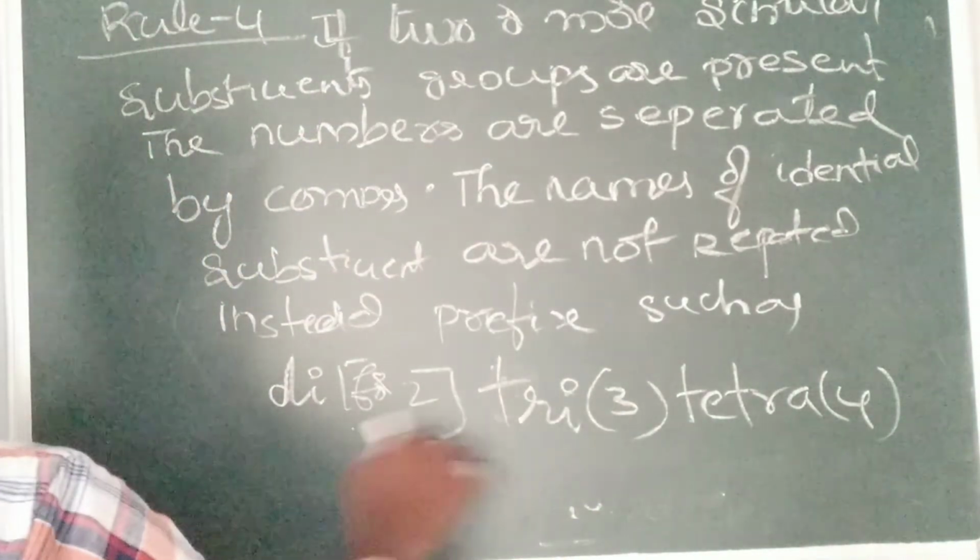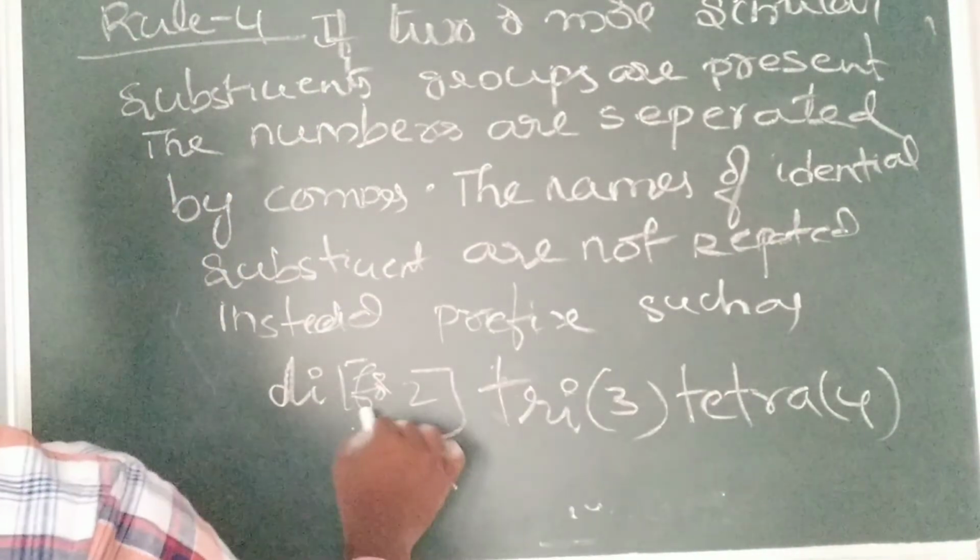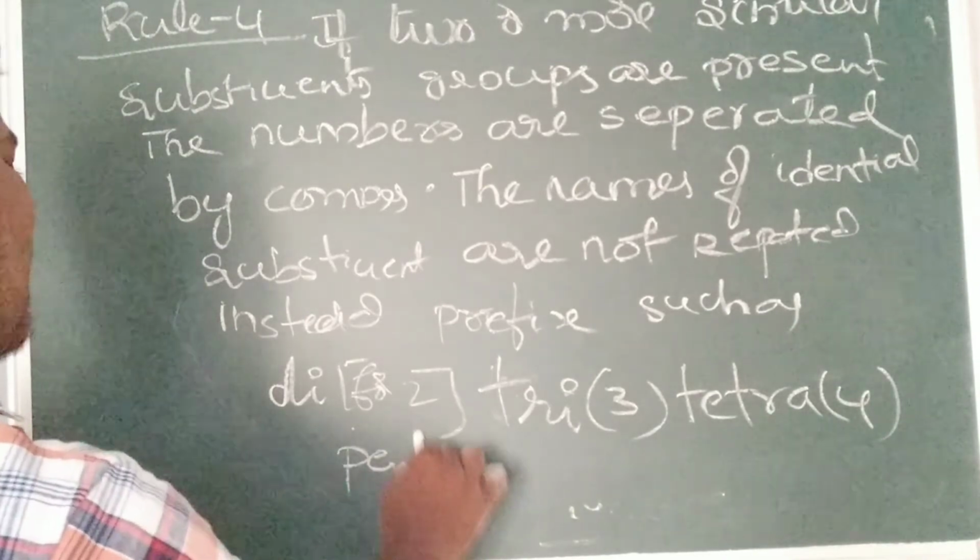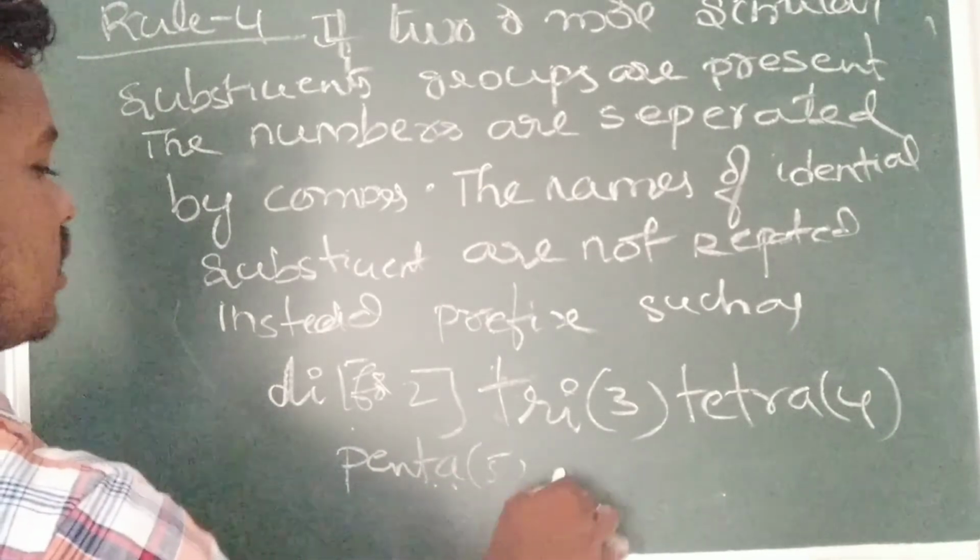Like this you have to write: di, tri, tetra, penta for 5 times, etc.